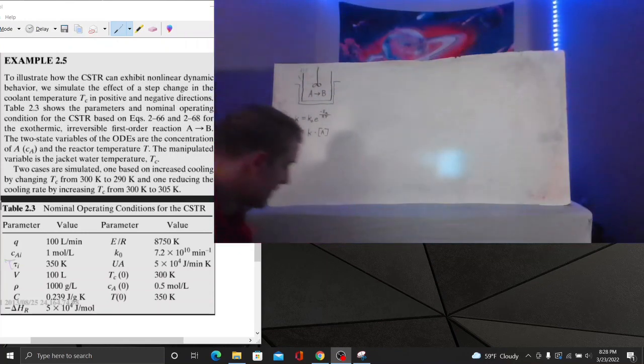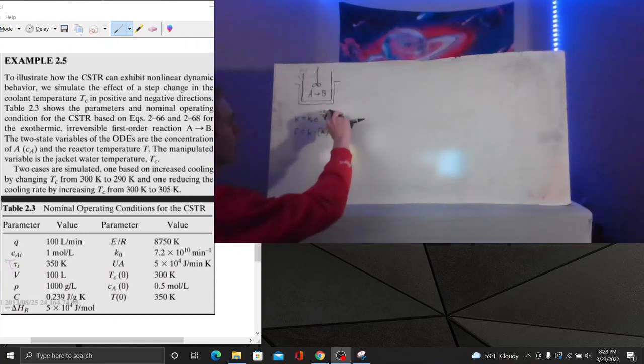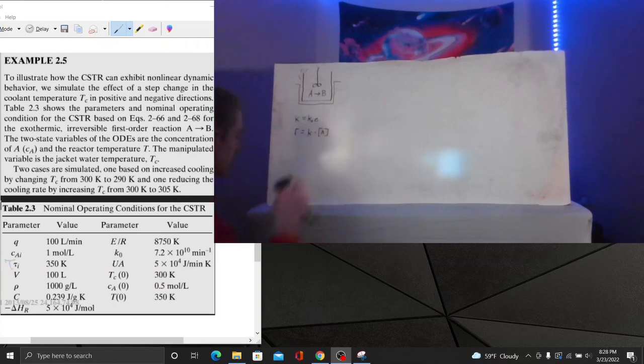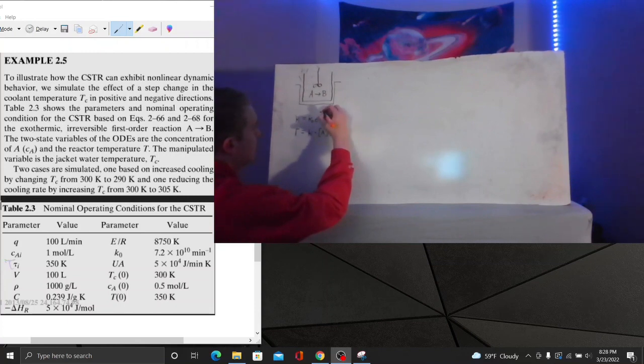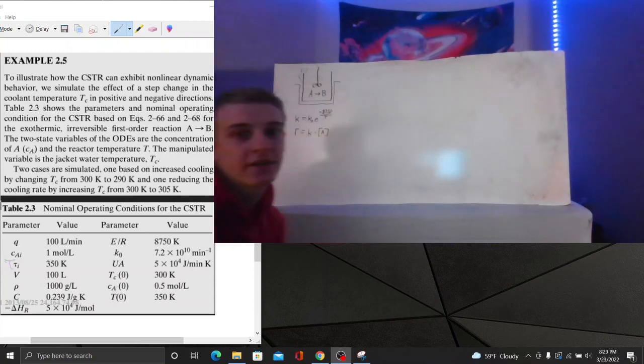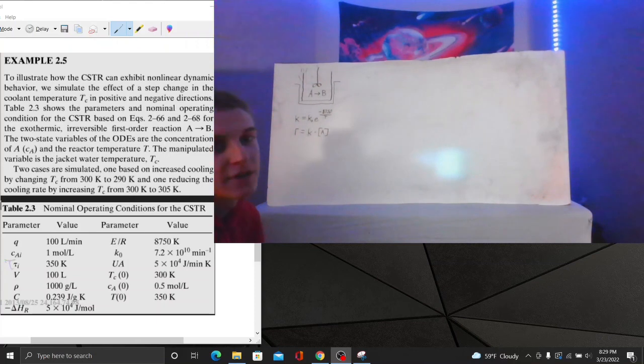So I can plug that in here, and we will get negative 8,750 over T there, instead of having just our activation energy over R.